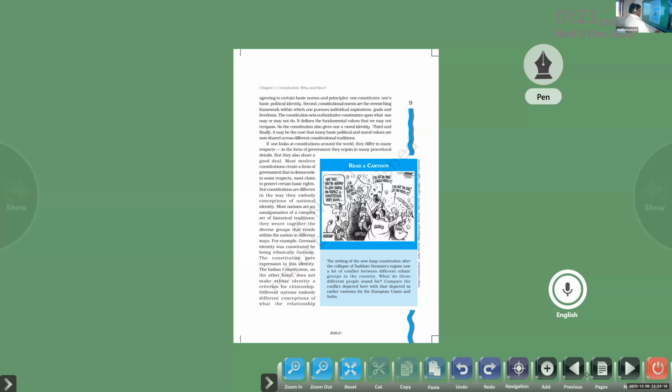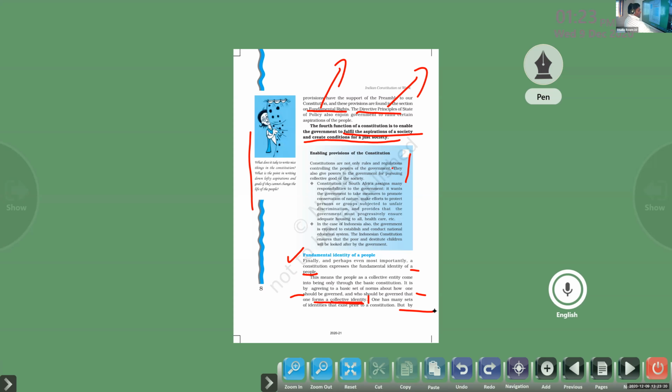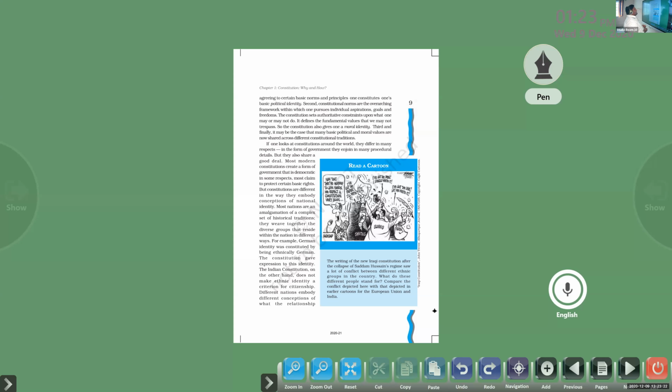Here, continuation. But by agreeing to certain basic norms and principles, one constitutes one's basic political identity. So we are agreeing to the basic rules and regulations, I mean norms and principles in the constitution, which means we are agreeing to live under that constitution or under that government by accepting that constitution and accepting that political identity.